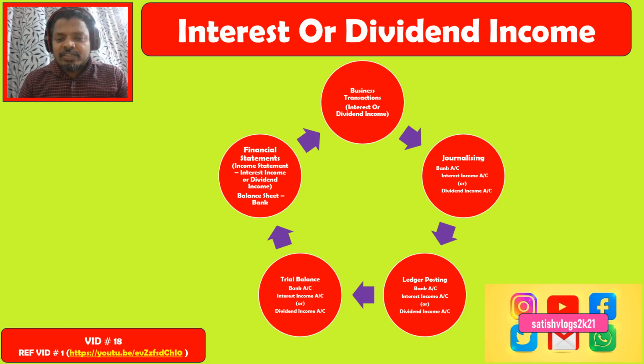As part of the first phase of an accounting cycle, which is a business transaction, my business transaction is receipt of interest or dividend income. Okay, what is this interest or dividend income all about? In which circumstances would these incomes get generated? Let's get into the details.